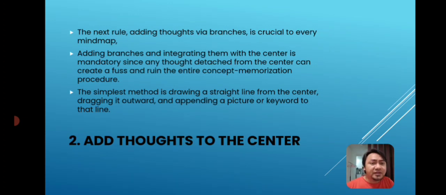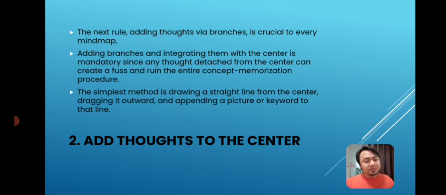The next rule is that adding thoughts via branches is crucial to every mind map. This is because adding branches and integrating them with the center is mandatory, since any thought detached from the center can create confusion and ruin the entire concept of the memorization procedure.